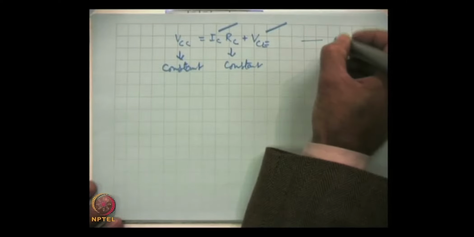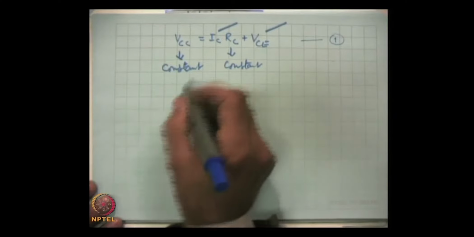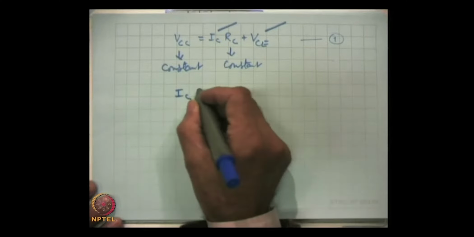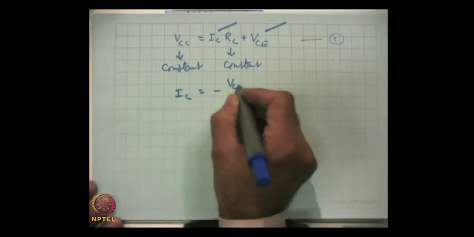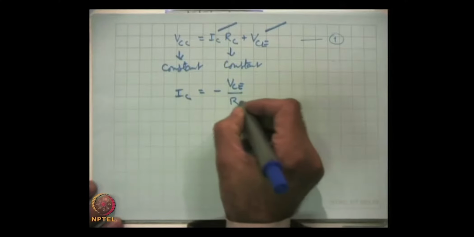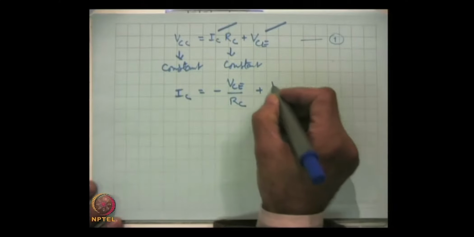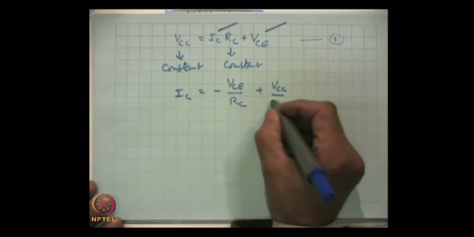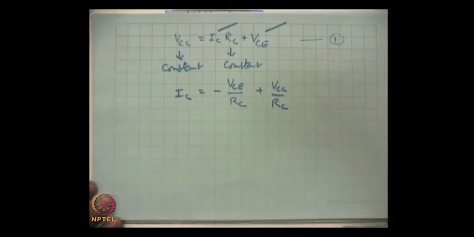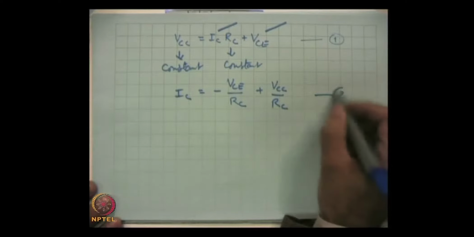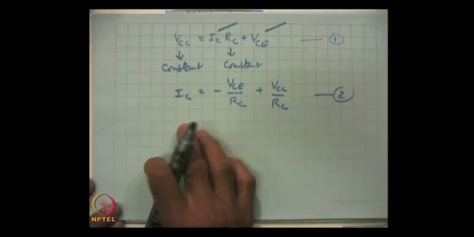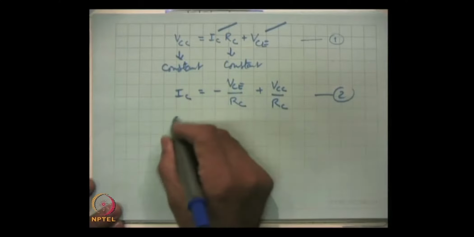and we rearrange this equation, let us call this equation 1, and if we rearrange it, we get IC is equal to minus VCE by RC plus VCC by RC. Now, this is the equation of a straight line, and we can compare it with the standard equation.